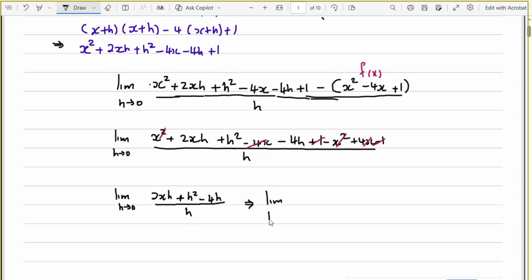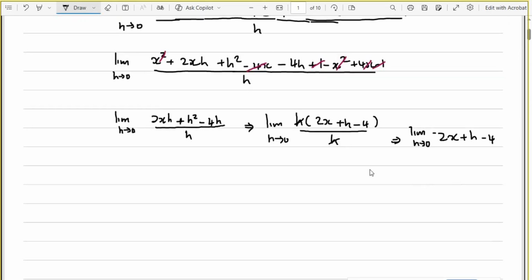So from this part, I'm just going to take h out as a common factor. I'm left with 2x plus h minus 4. And when you divide this by h, the h cancels. I'm left with the limit as h approaches 0 of 2x plus h minus 4. Let's do the substitution. Now when you substitute, you drop the h for the limit, h equals 0. Okay?